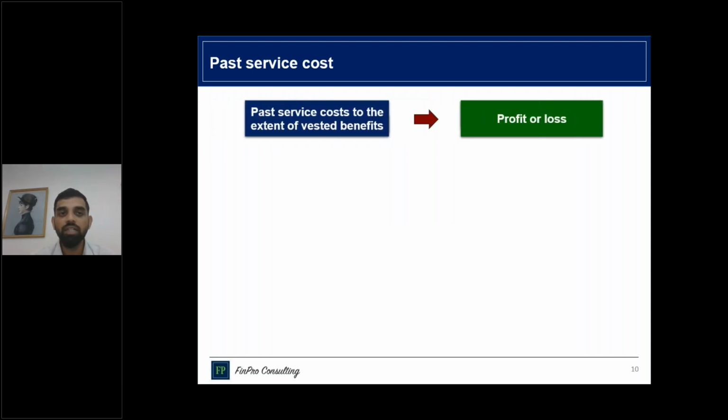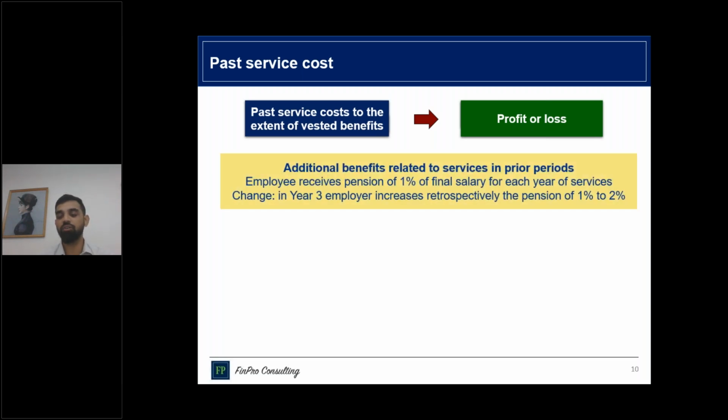Then in the service cost, we also have one more concept called past service cost. Now, what is past service cost? I'll give you an example with a case study. Let us say an employee receives a pension which is 1% of the final salary for each year. Now there is a change in the calculation formula.